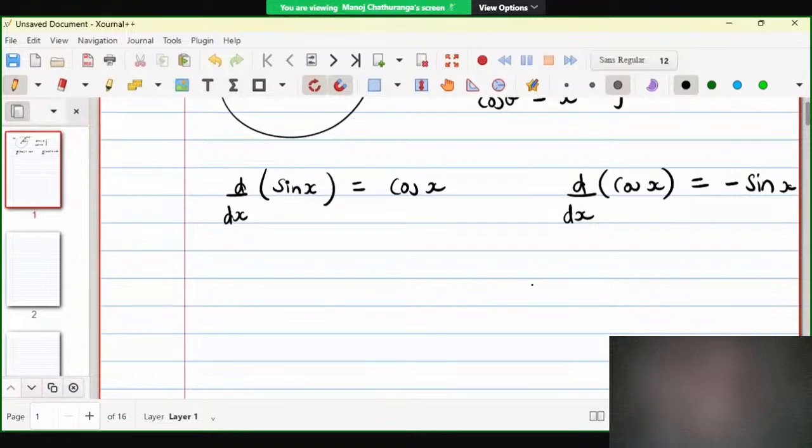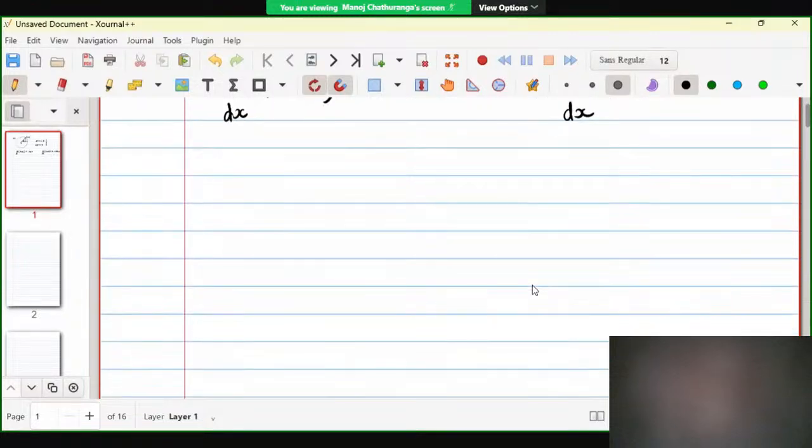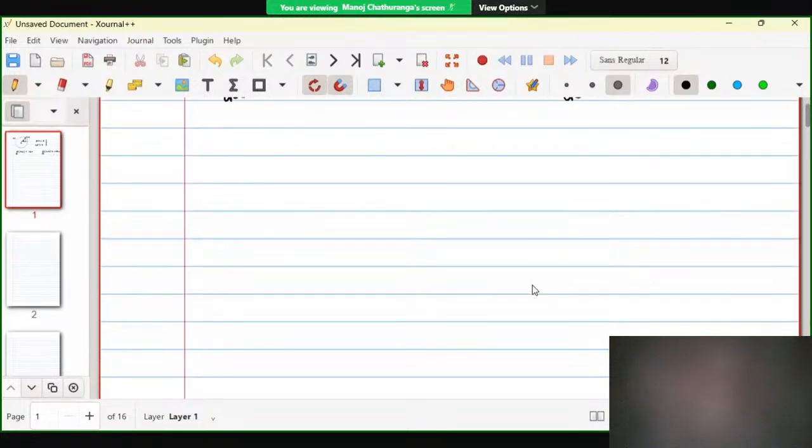Now, this was one of the major results we discussed last time: trig functions and derivatives of trig functions. Then we had another important result called the chain rule. The chain rule tells us about differentiating compositions. Let's say you have a composition of two functions.